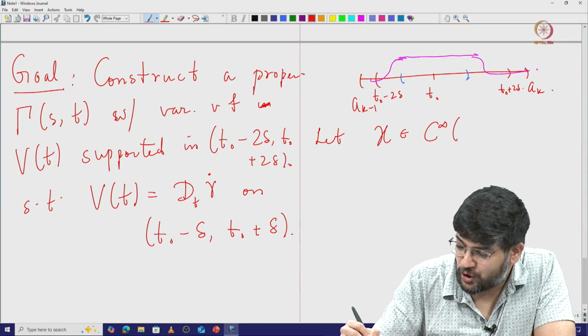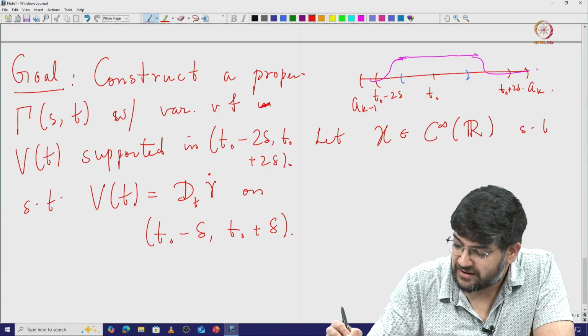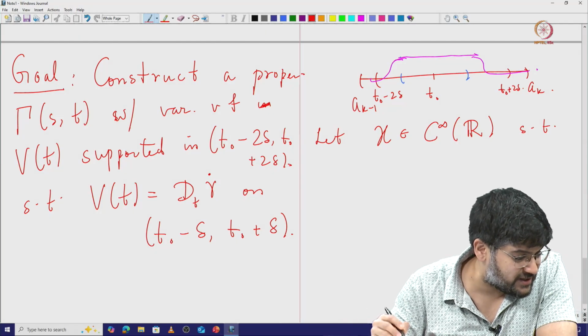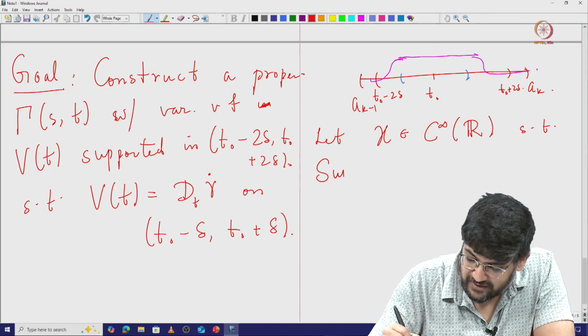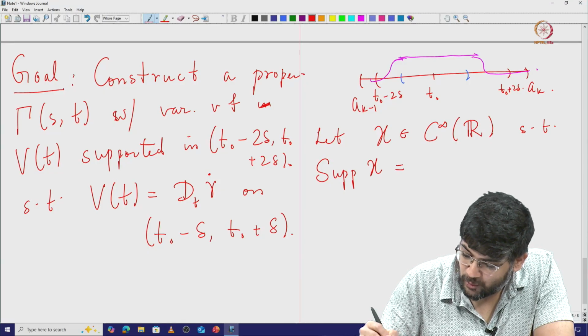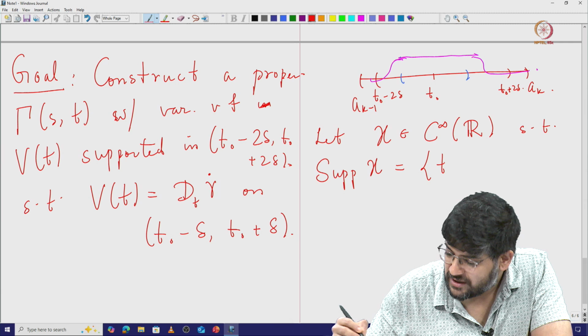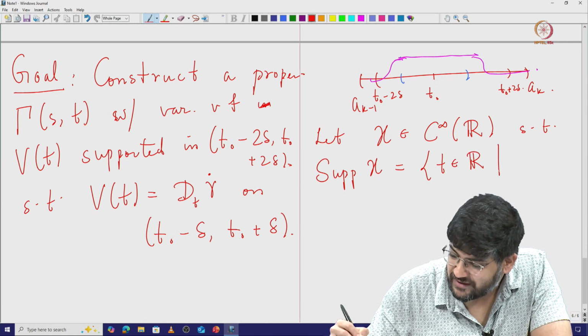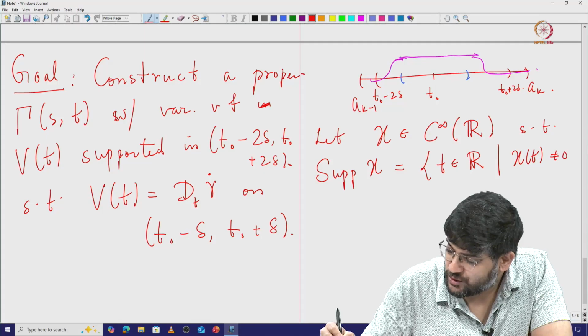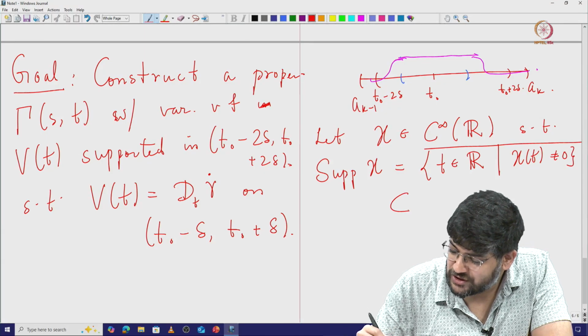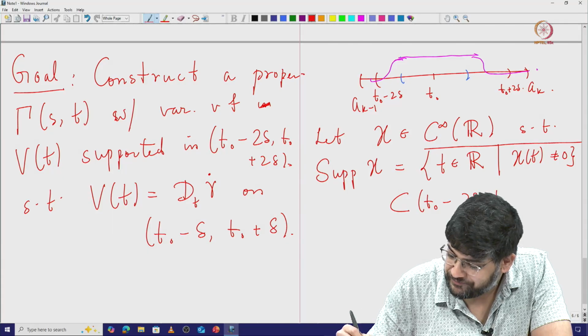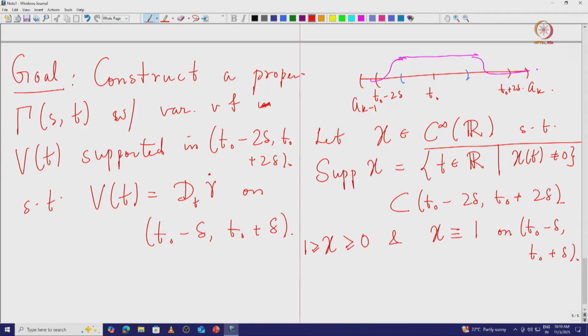Okay. So, let chi be a smooth function on R such that the support of chi, which by definition is the closure of the set of all points t such that chi of t is not 0, is contained inside this interval, and I want chi to be between 0 and 1, and chi is identically equal to 1 on the smaller interval.